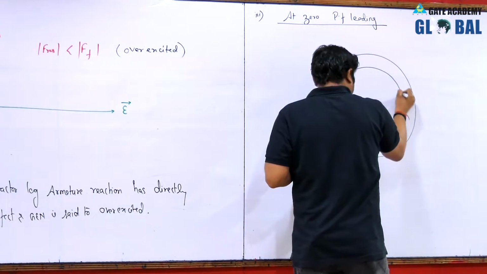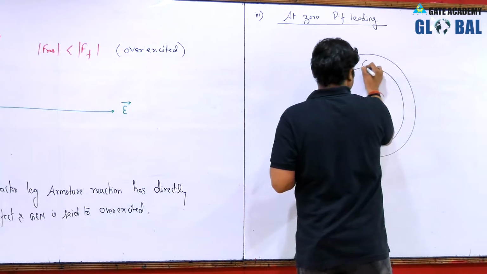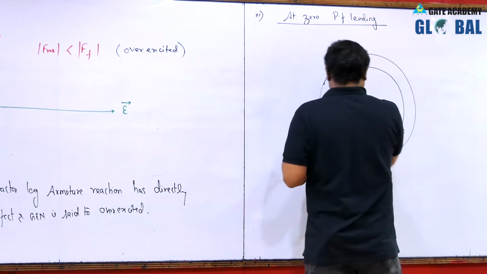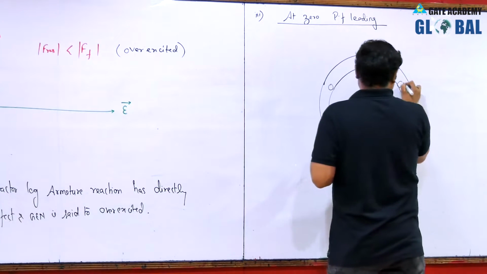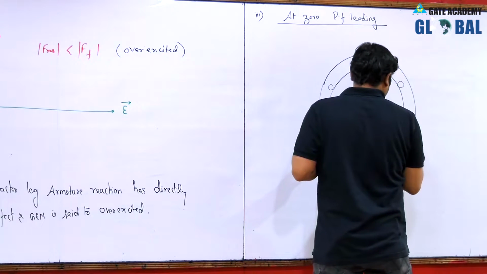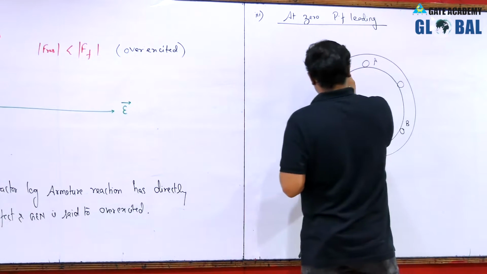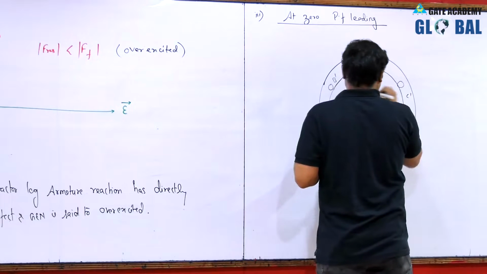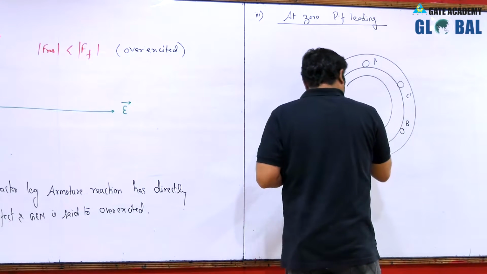Again, we have a stator, and in this stator A dash, B dash and C dash. I am taking the instant at which the A phase induced EMF will be maximum. Now please observe, we have this to be the rotor.